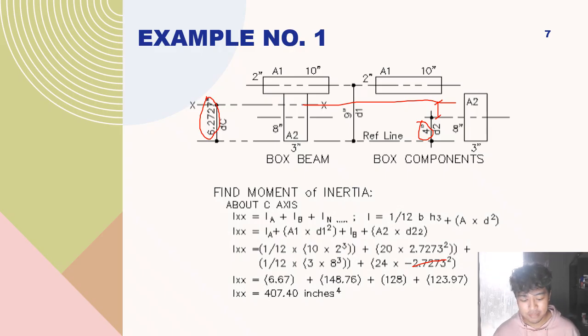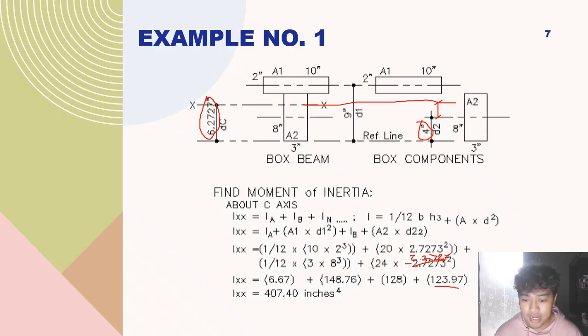Because in my computation, so 123.96 or roughly 123.97. So this is the correct value. Pero kani siya, kay sayop na siya. This should be 2.2727. And then we square that.